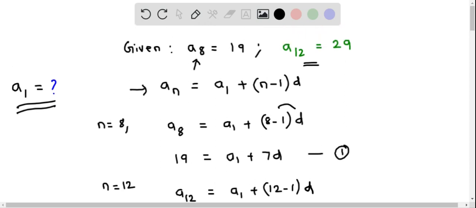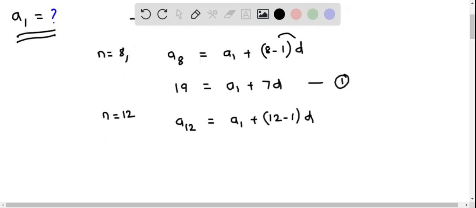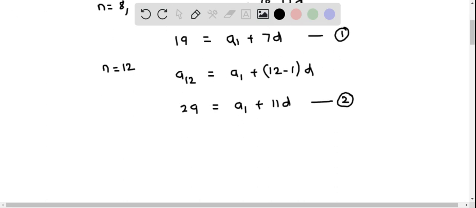Now let's replace a sub 12 by 29. So this becomes 29 equals a sub 1 plus 12 minus 1 is 11, and 11 times d is 11d. Let's say this is equation number 2. So we have two equations with variables a sub 1 and d, which means we can solve these two simultaneous equations involving a1 and d.